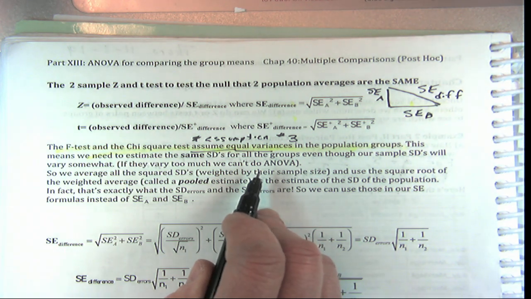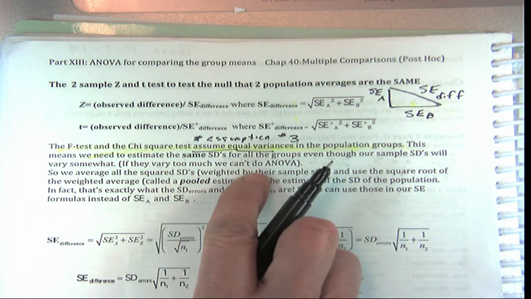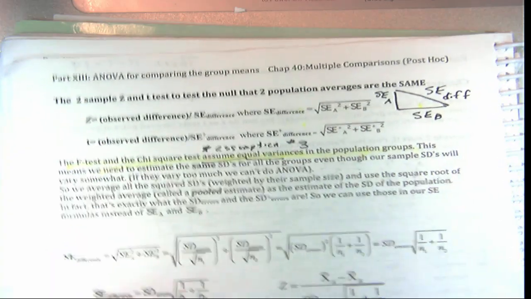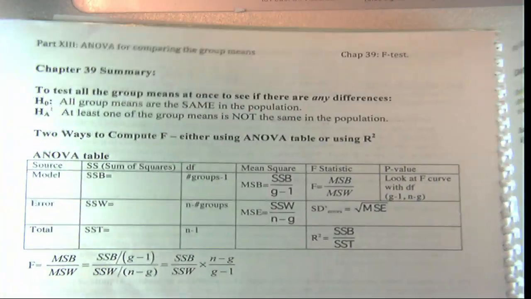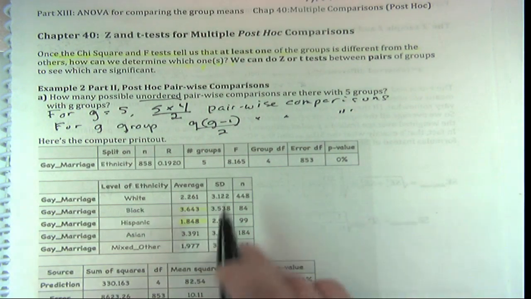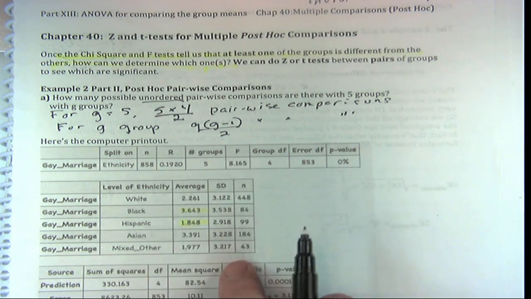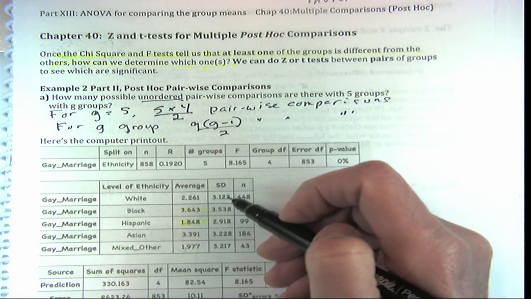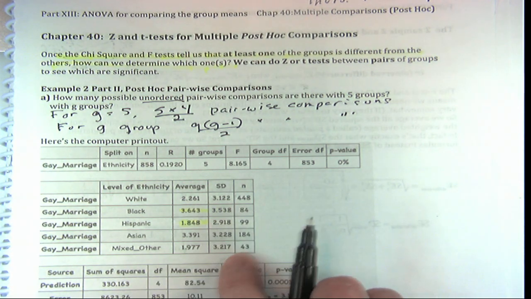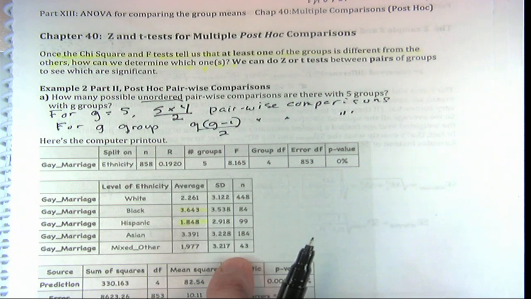That's something else we can do. So let's check and see how much they vary. We can just look at them. So we look at these standard deviations, and they don't seem like they vary that much. There are different rules about it, but for this class we're just going to say, hey, they don't vary that much, these standard deviations, right?